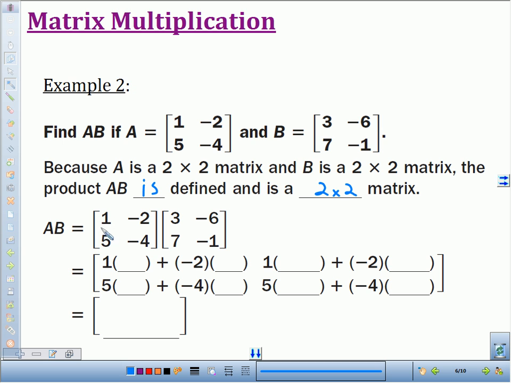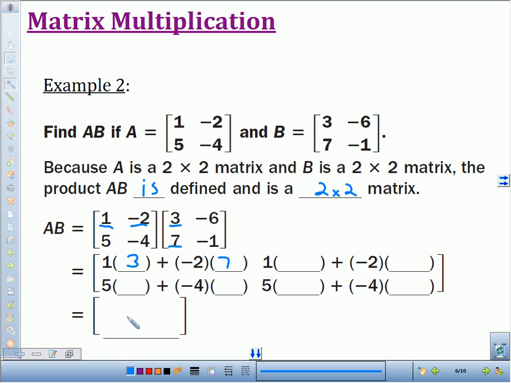Now, we're going to multiply just like we did in our little practice example here. We're going to multiply the first element of the first row by the first element of the first column. We have 1 times 3. Then we're going to multiply the second element in the first row by the second element in the first column. And we have negative 2 times 7.